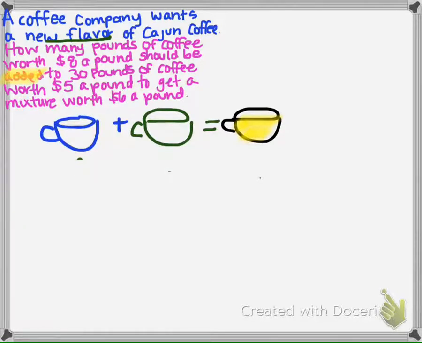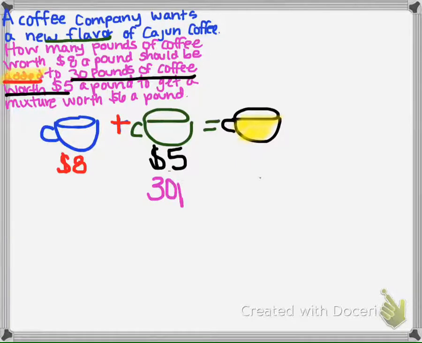So let's go ahead and write down what we know. We want to know how many pounds of coffee worth $8. So let's say this one is the one that's worth $8 here. And we want to know how many pounds we need of this so that when it's added to 30 pounds of coffee, which is worth $5, so if this one's $5, and we're going to use 30 pounds of it, so we are going to measure 30 pounds of this, and we're going to put it into this.